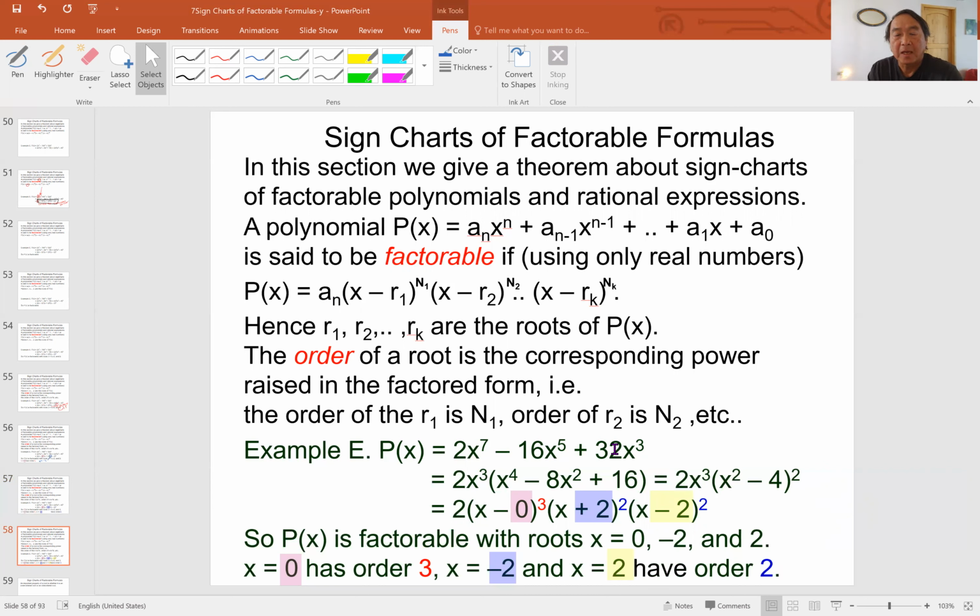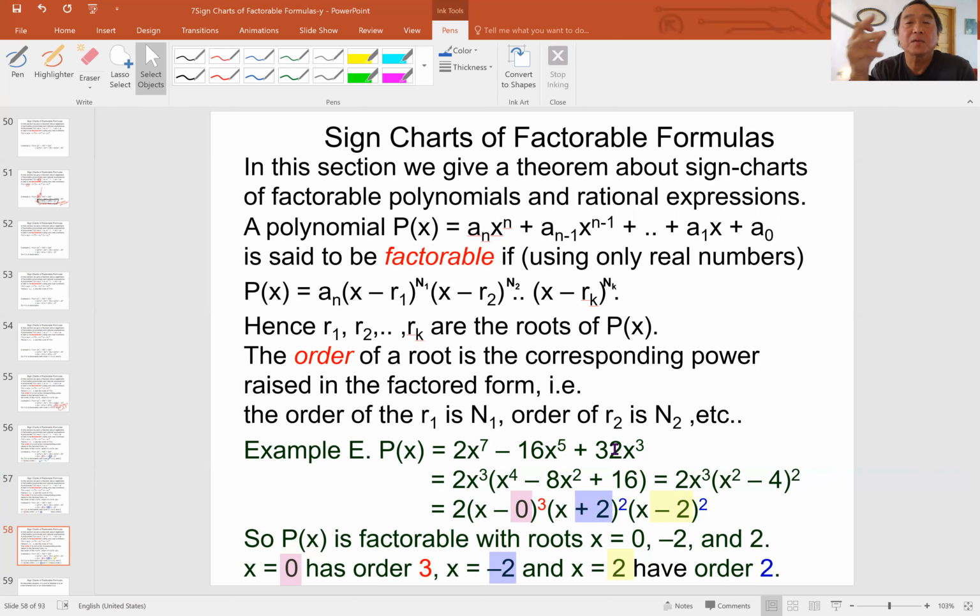Now, what we are really interested in is whether the order, or the power, that comes with the root is an even or odd number. The reason for that is we're going to raise these values to that power, and even powers turn everything positive, but odd powers retain the sign of the base.